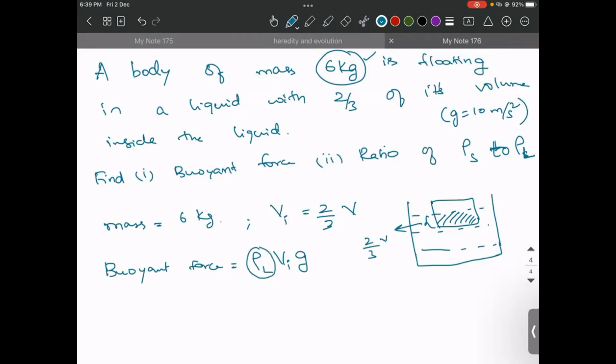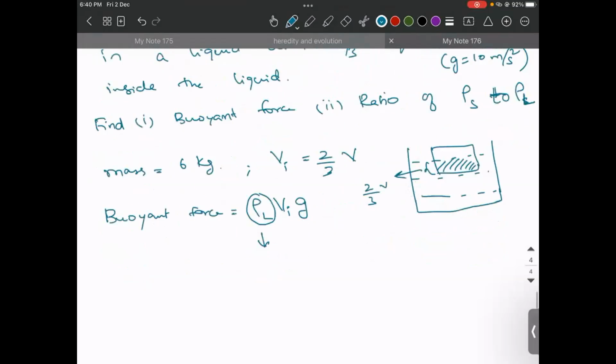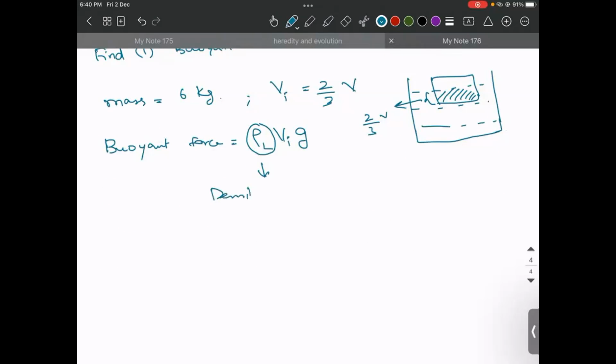Density of liquid, buoyant force is actually coming into the picture because the liquid is getting displaced. So it is given like this: the density of liquid times volume of solid immersed times acceleration due to gravity.